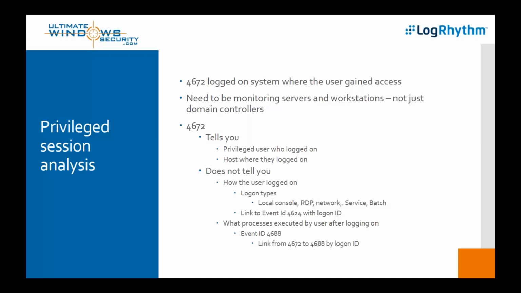So is this somebody logging on at the console, at the keyboard and screen of this computer, whether it's a host or virtual system? Or is this a remote desktop logon? Is this somebody coming in over the network, like with a shared folder access? Other network logons could be where you are coming in via WMI or a remote PowerShell session. Or is this just a service logon?